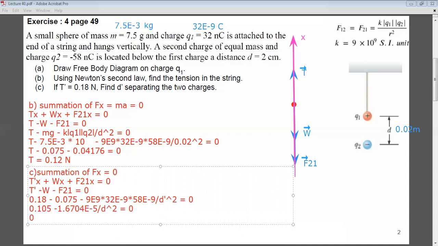Or 0.105 is equal to 1.6704 e to the minus 5 divided by d squared. If you just do the math, you will get 0.105 d squared equal to 1.6704 e to the minus 5, or d squared equal to 1.6704 e to the minus 5 divided by 0.105, which implies d prime. This is d prime.